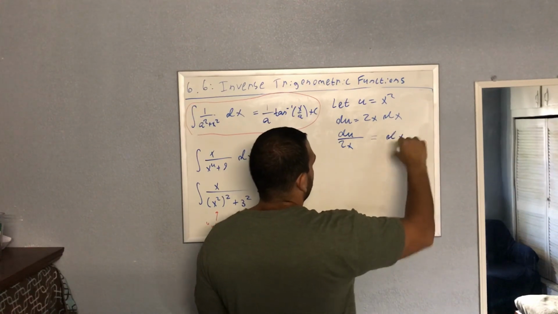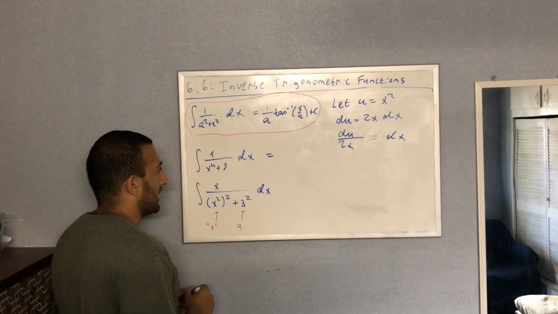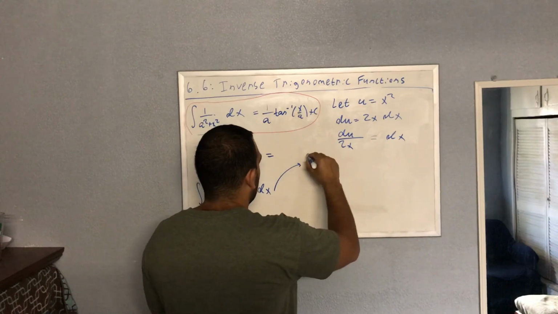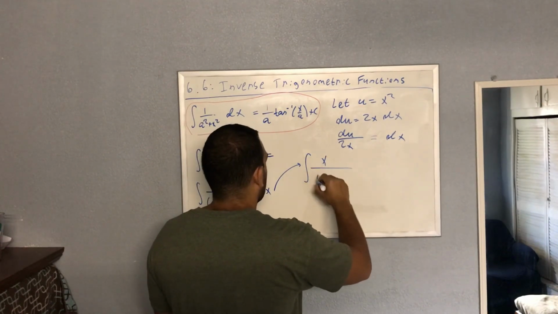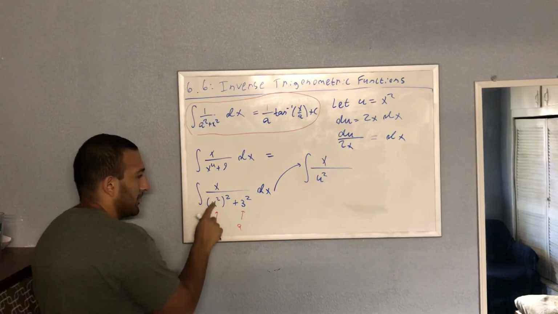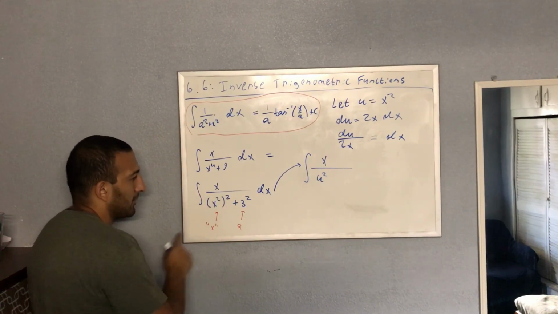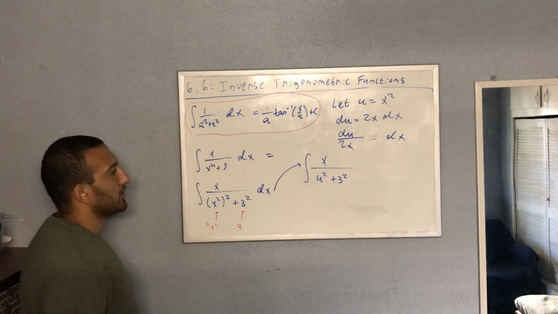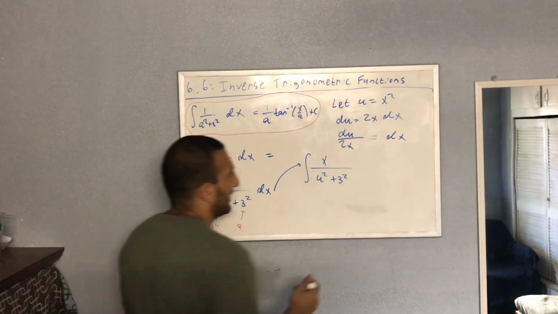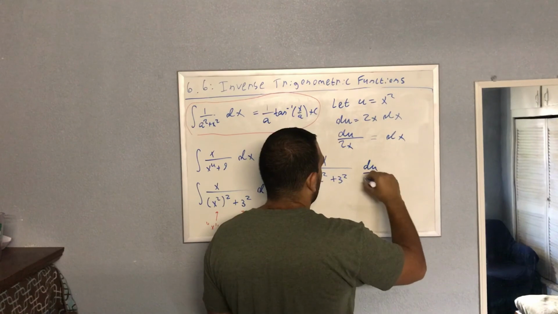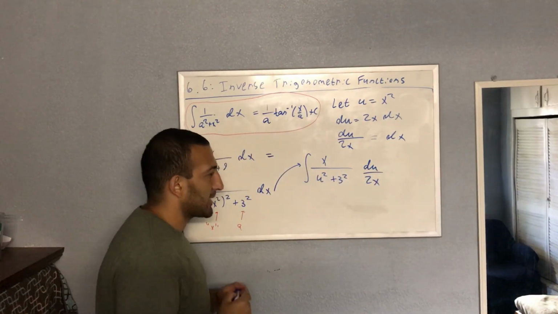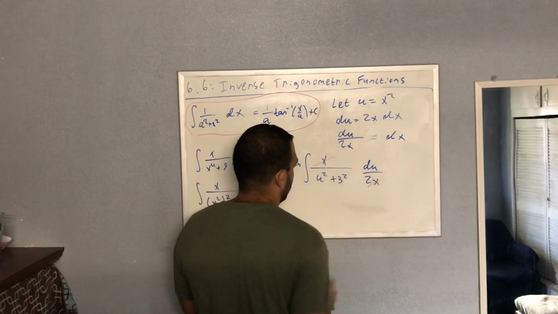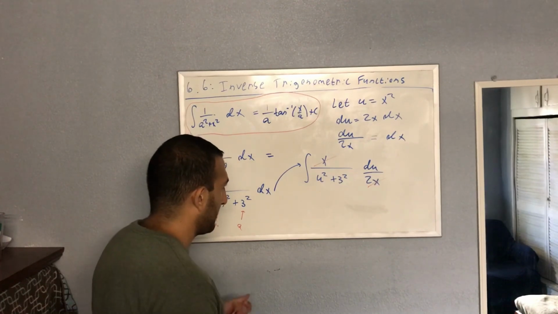Du over 2x is dx. Okay, that's really good, because now our integral transforms into x over u squared plus 3 squared. That's still 9, that doesn't change. But now dx becomes du over 2x, and look at that, the x cancels out.